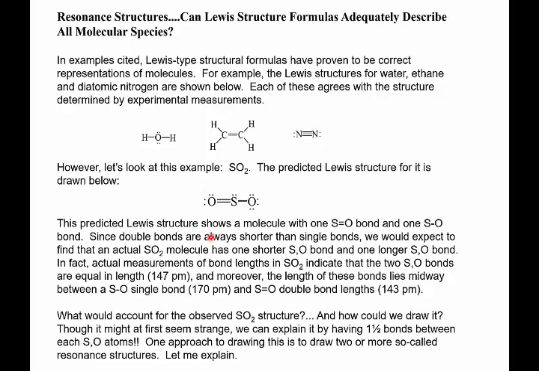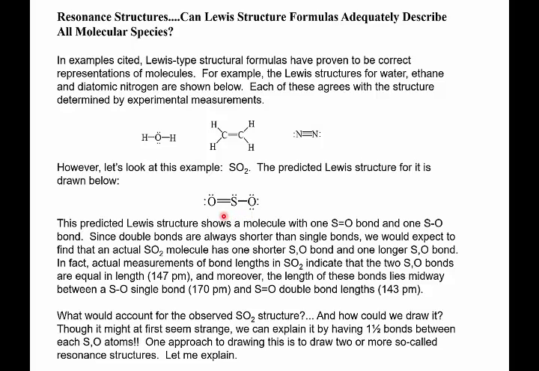The question is, does this predicted structure correspond to the actual sulfur dioxide molecule that we observe? Well, this drawn Lewis structure for SO2 shows a molecule with one SO double bond and one SO single bond.